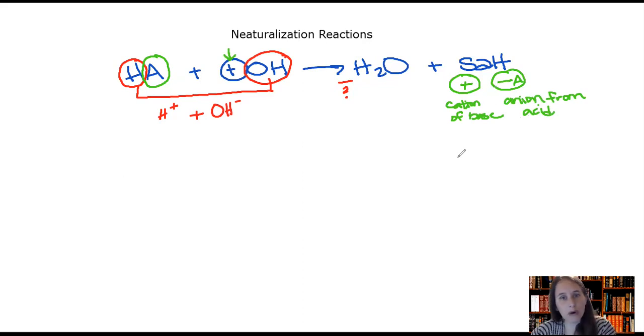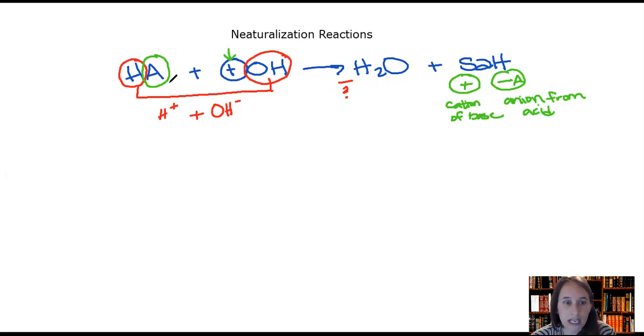But then remember, back in, I think it was Unit 2, when we learned about salts, one of the things we learned is that they always join in a ratio that overall is neutral. So we have to figure out the correct formula of this salt. After we've brought them over, we have to ask, is that the correct formula?